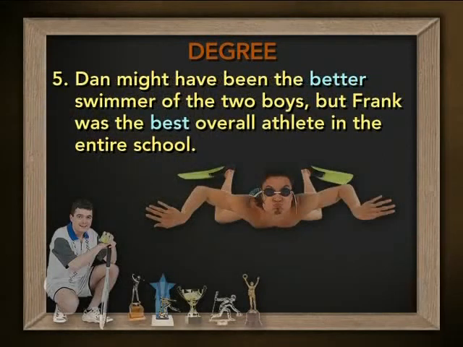5, Dan might have been the better swimmer of the 2 boys, but Frank was the best overall athlete in the entire school. Dan is better, I'm comparing 2 boys, that's my comparison, but Frank is the best overall, I'm comparing 3 or more things. Now, in English, some words have only 1 meaning.